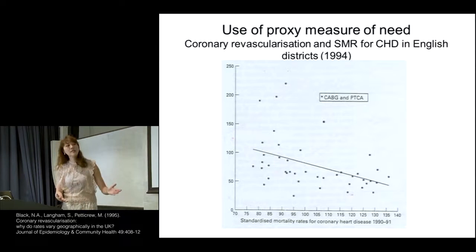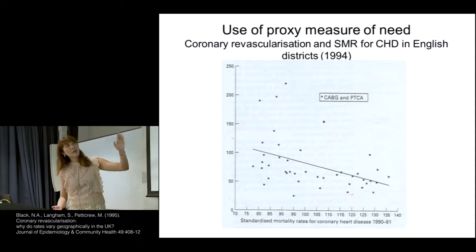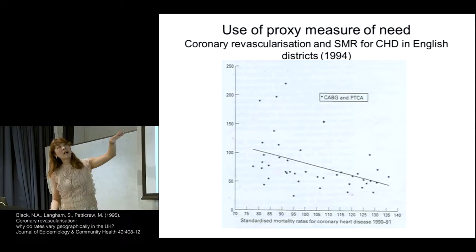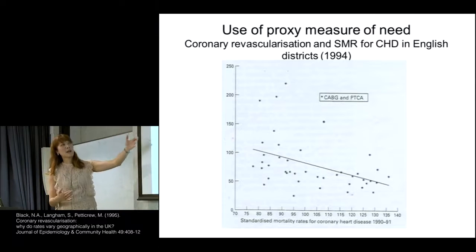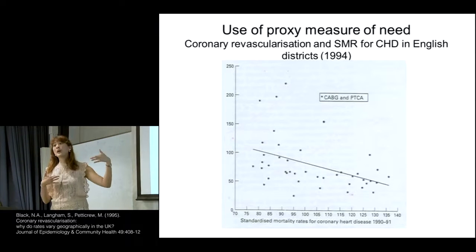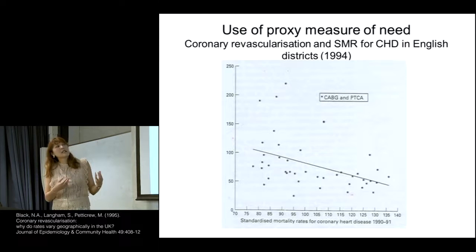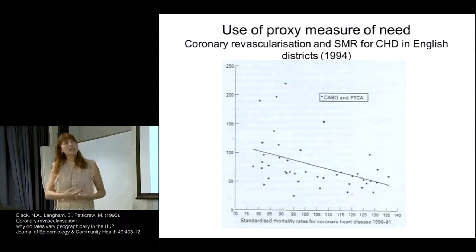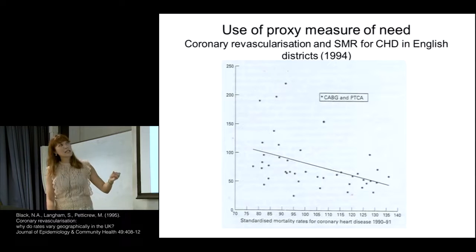They looked at different districts of UK referral for coronary heart, back then there's CABG, so coronary bypass surgery for people who have a cardiovascular disease. And we don't know necessarily the true need of cardiovascular disease in all the districts of England, but they have used the proxy measure using the SMR, standardized mortality ratio.